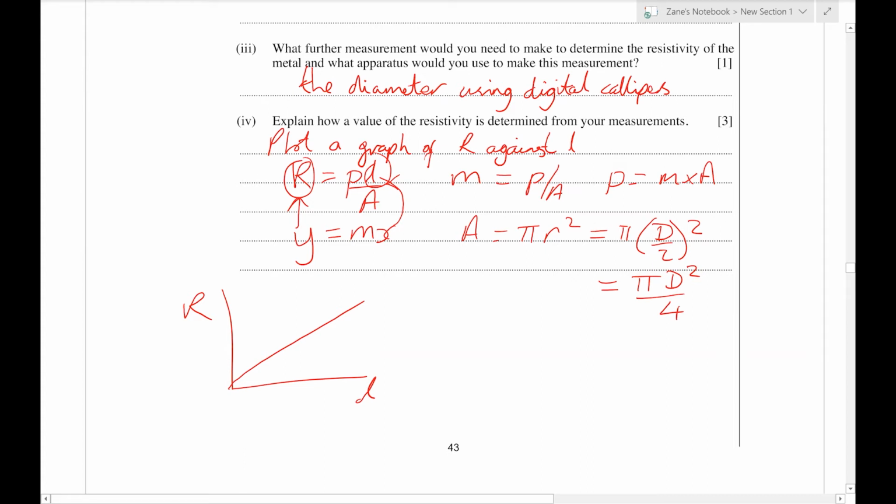And that's basically all we need. So determine the gradient, multiply the gradient by the cross-sectional area, and then we've got the resistivity.